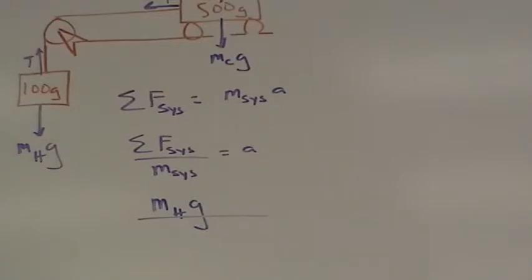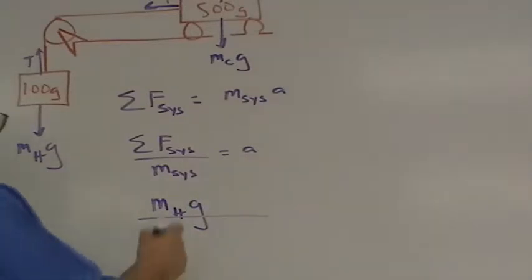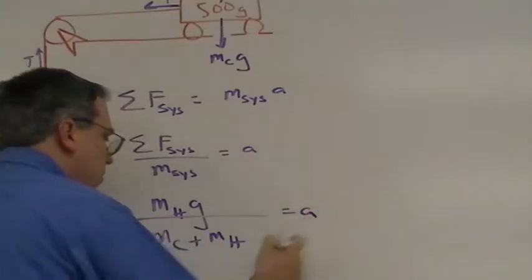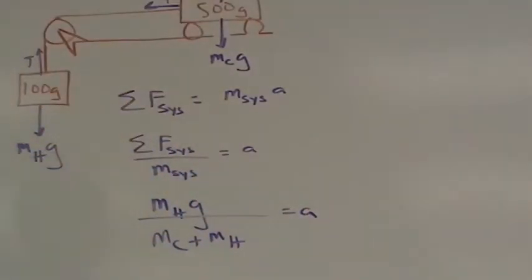Then no. How much mass is in my system? 0.6 kilograms, or generically, the mass of the two things added together. There you go. Done. That is the acceleration of this system, if the pulley is massless and frictionless.